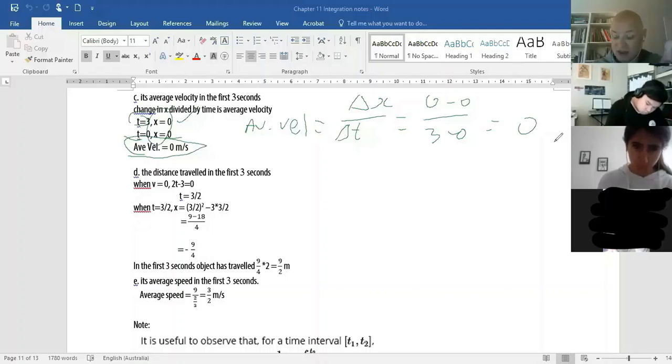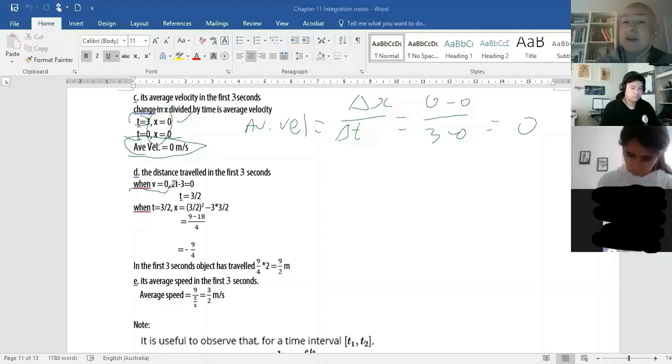So we're going to put the velocity equal to 0 and solve at what time that happens, because as soon as we find the time, then we can substitute it into the x and find where it is. So that's what we're doing.